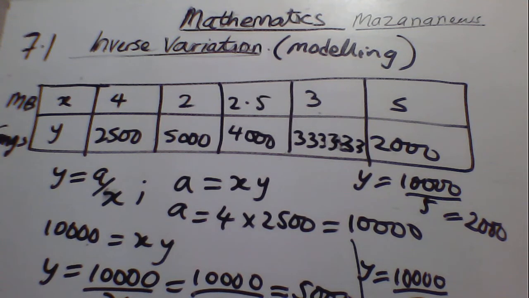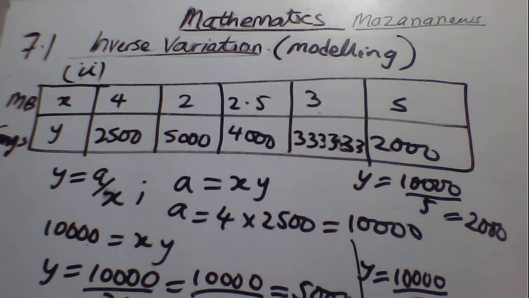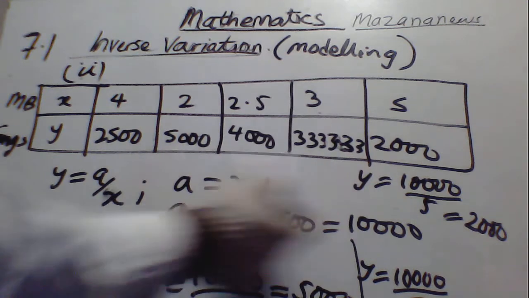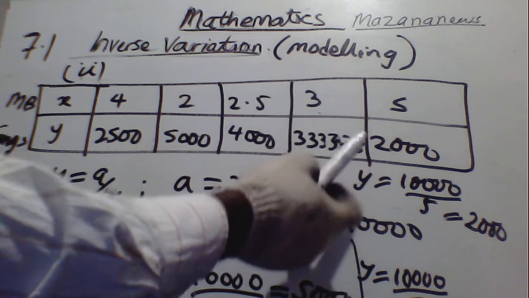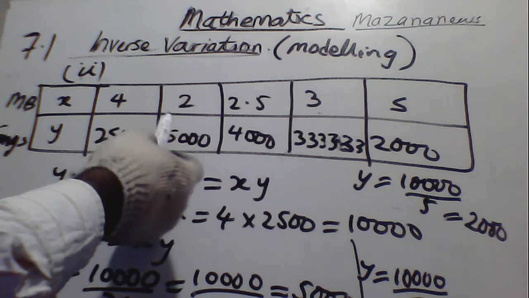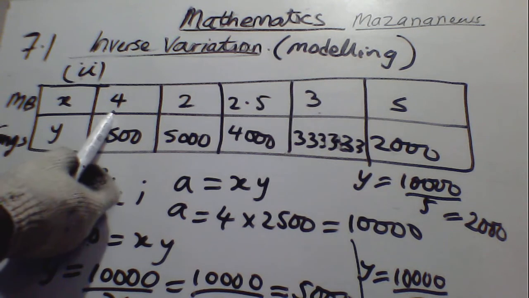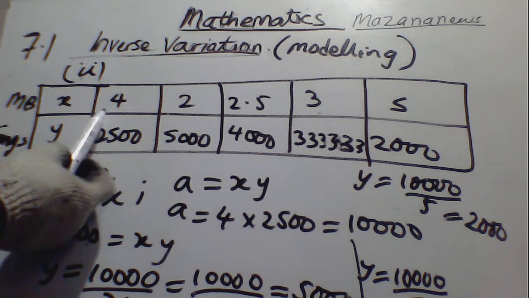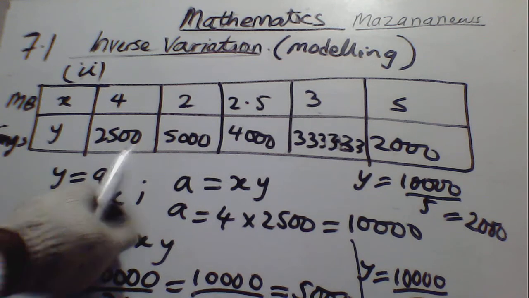So the second question is, what happened to the number of songs that can be stored when the average size of the song is decreasing? If you look at the set, when it is 4, we have 2,500.